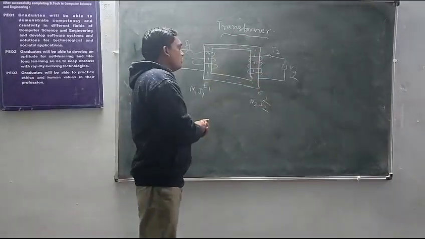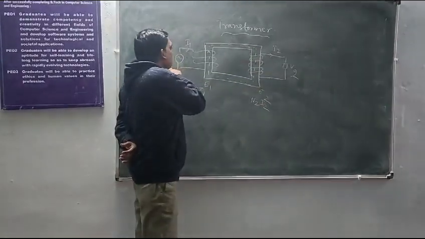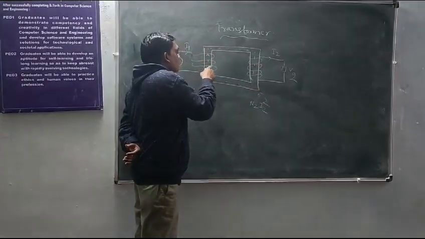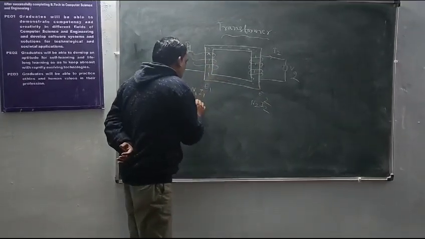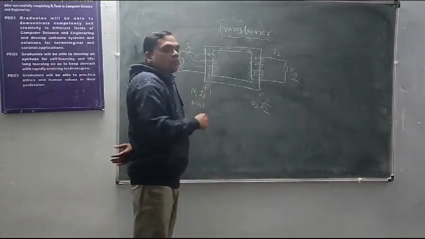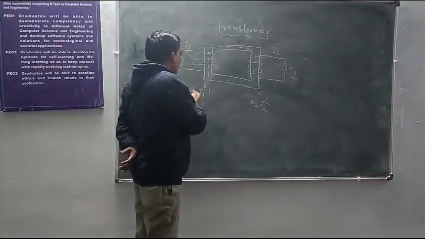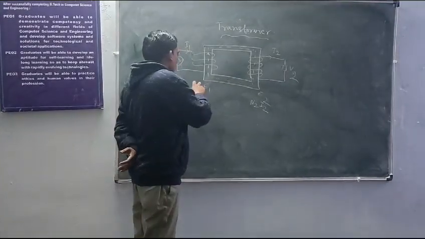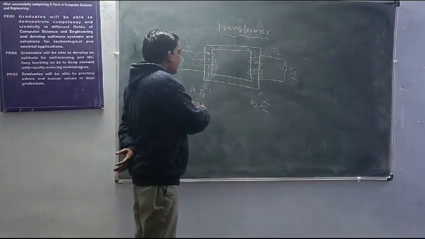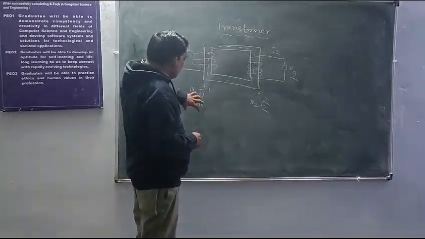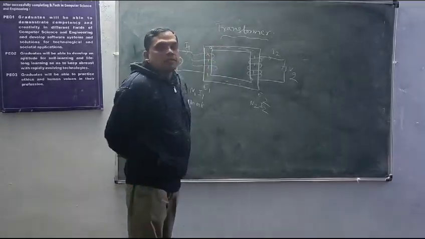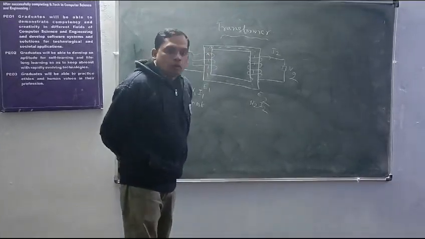See how energy transfers. Due to V1, there is I1, and when this I1 current flows through the primary side, one MMF is produced. What is MMF? That is magnetomotive force. You can say simply it is the product of N1 and I1, the product of the turns of the winding and the current. Itself says that it is a magnetomotive force. Due to this magnetomotive force, a flux phi is generated.